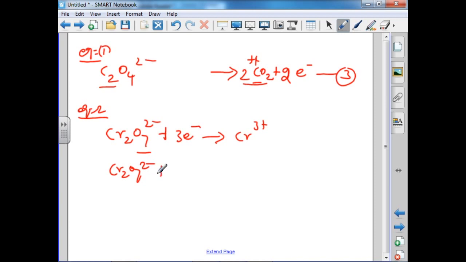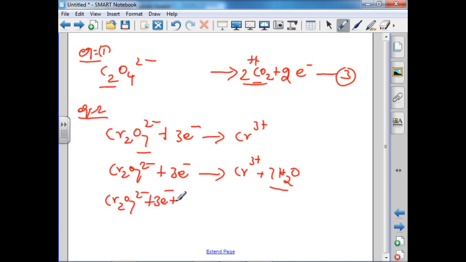Cr2O7 2 minus plus 3 electron gives Cr3 plus plus 7 H2O. There are 14 hydrogen atoms on the product side, so we add 14 hydrogen on the reactant side. So Cr2O7 2 minus plus 3 electron plus 14 hydrogen gives Cr3 plus plus 7 H2O.